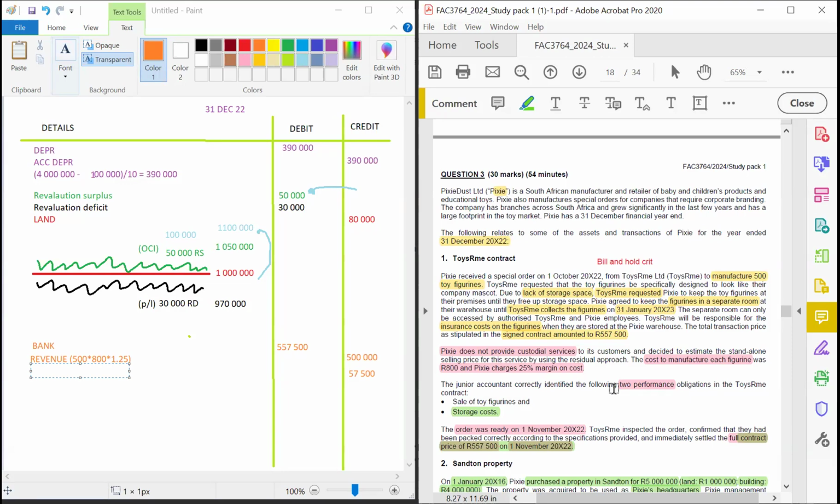Right, that's the opposite. So this is essentially an income received in advance account, but in revenue, it is correctly called the contract liability. Right. I hope that makes sense.